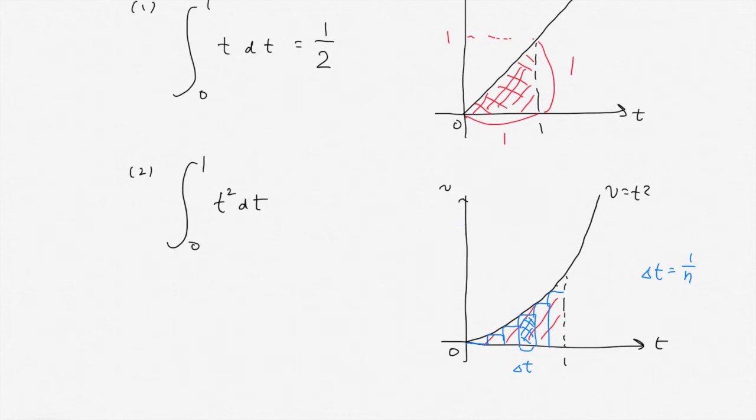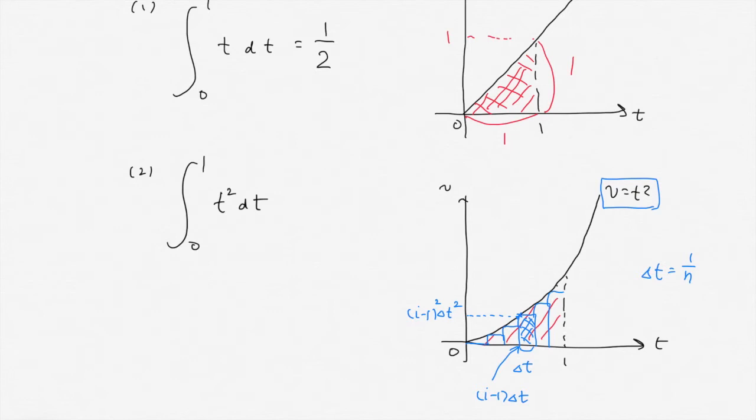Then the coordinate of the left side of the bottom is expressed as (i minus 1) times delta t. Then the height is expressed as (i minus 1) squared delta t squared, because this point is on b equal t squared.